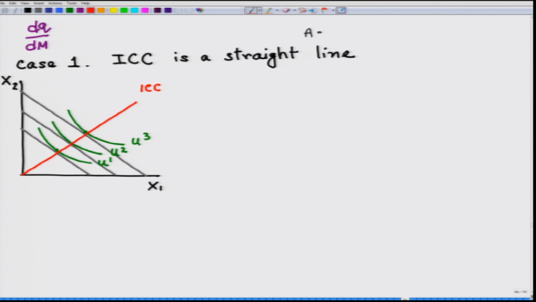So, if we observe a straight line ICC, then that means that the optimum level of Y consumption and the optimum level of X consumption, the ratio of them will not change.